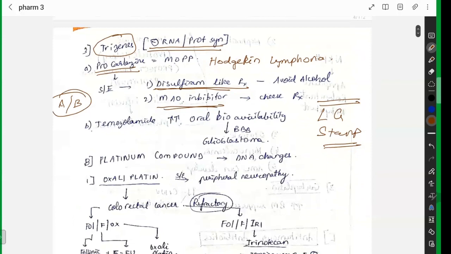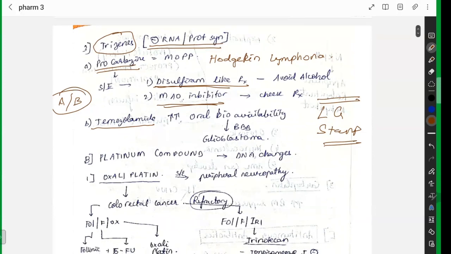That is temozolomide. This temozolomide has excellent bioavailability, and it will also cross the blood-brain barrier. Therefore, one of the triazine group of drugs is temozolomide. It is used in glioblastoma multiforme.